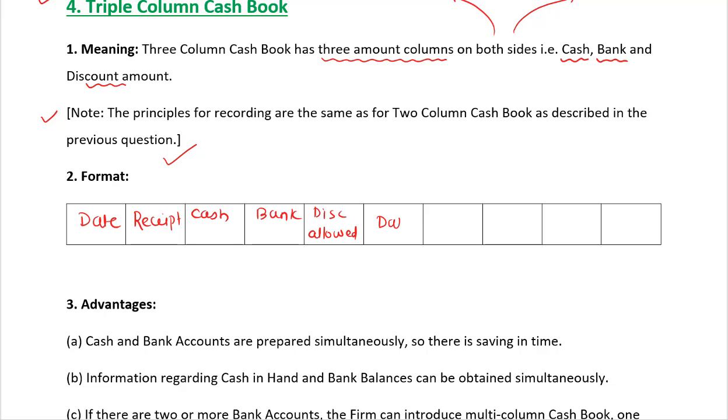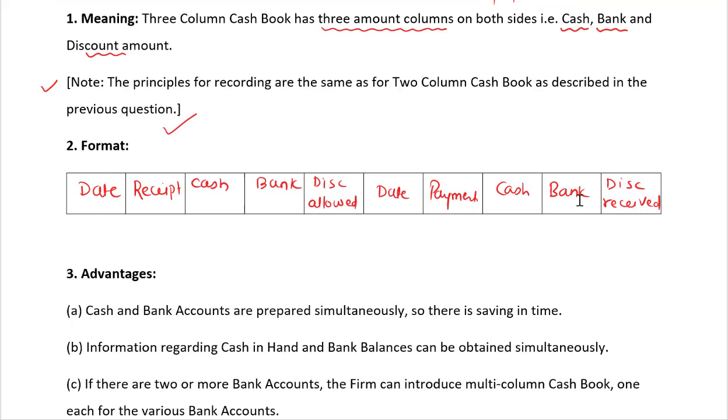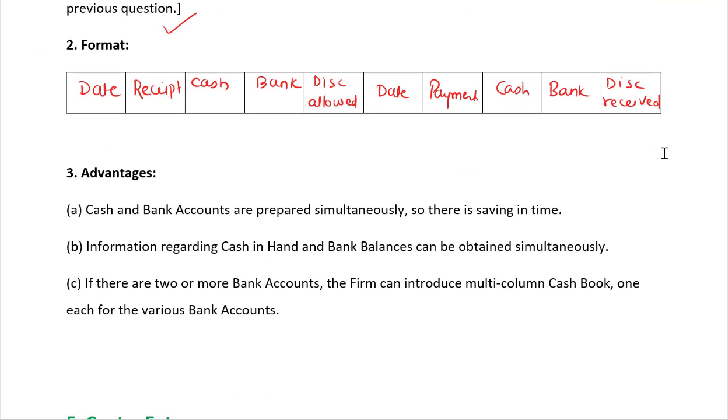Over here we have date, payments, cash, bank, and you can write discount received. Are you clear with the format?